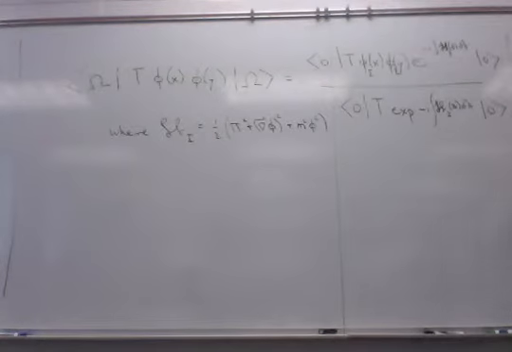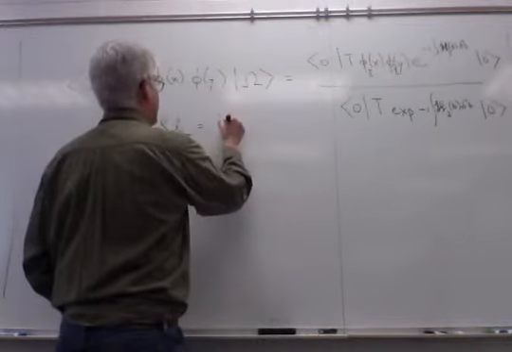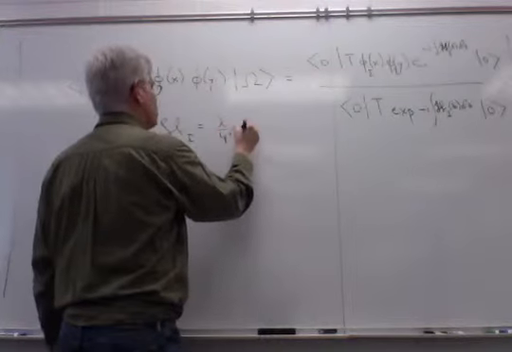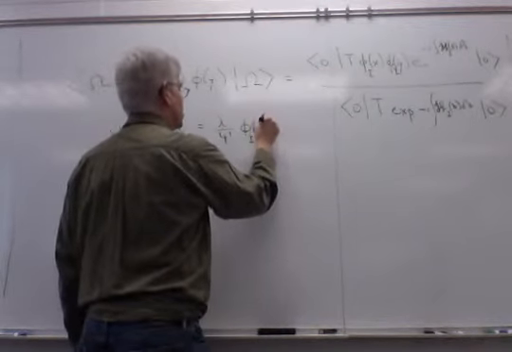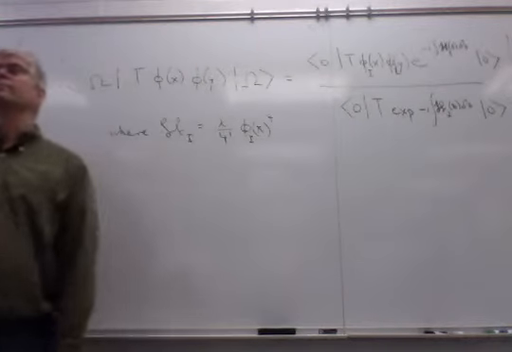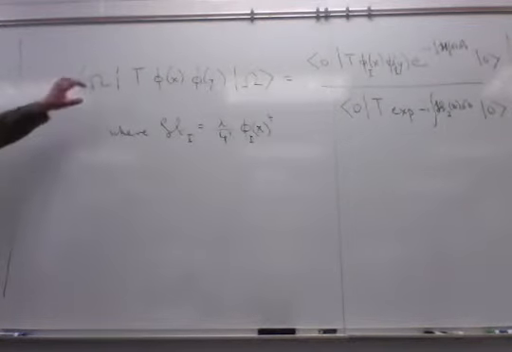That's not part of H_I. H interaction doesn't include this part in the interaction picture. It only includes the interaction term. My mistake. It just includes the lambda over 4 factorial phi_I of x to the fourth power.